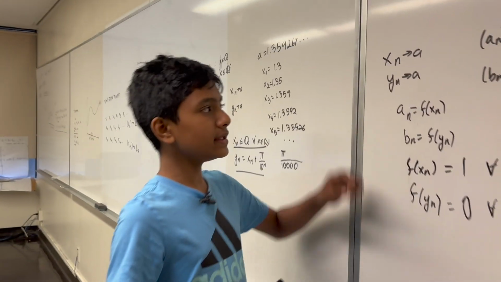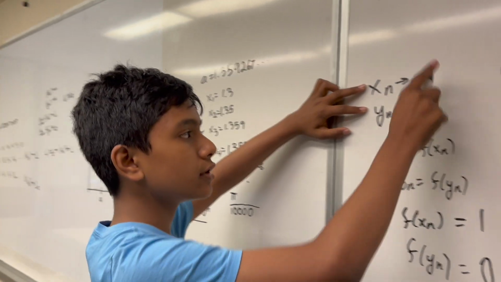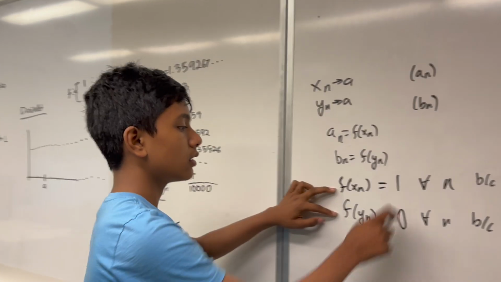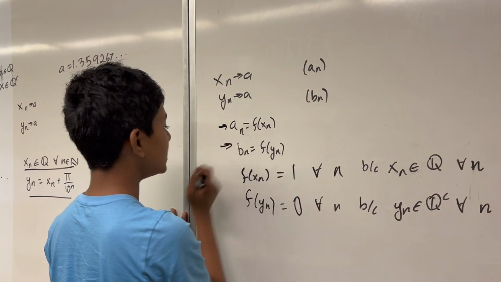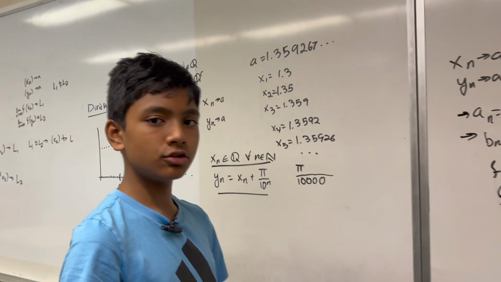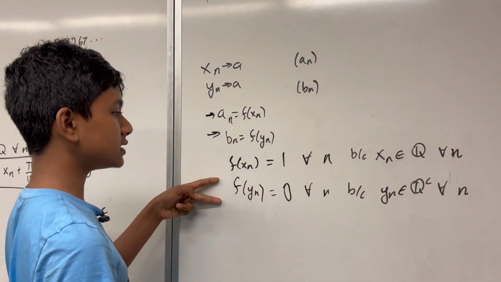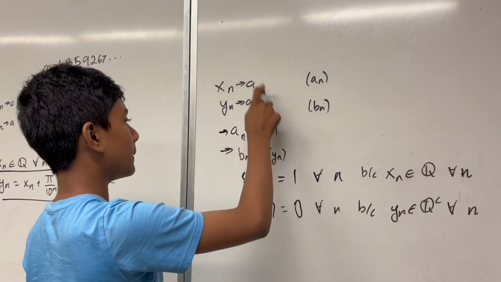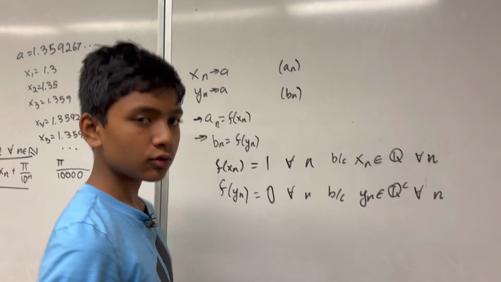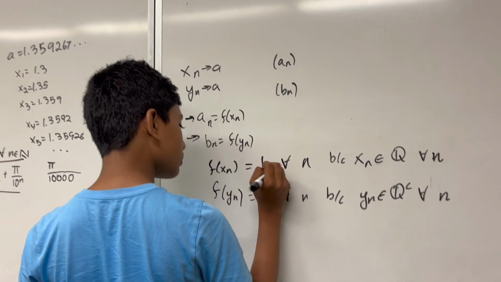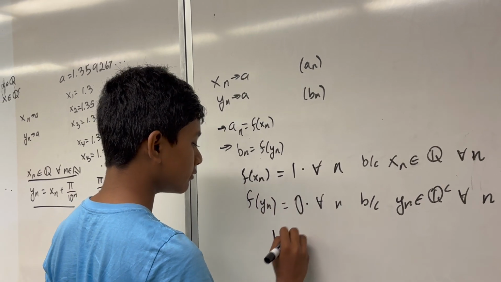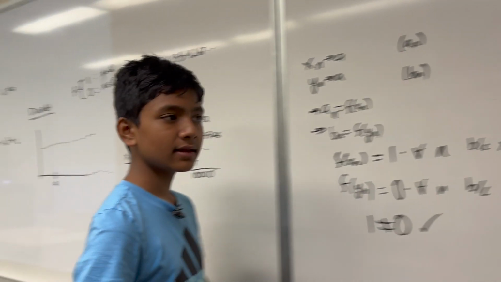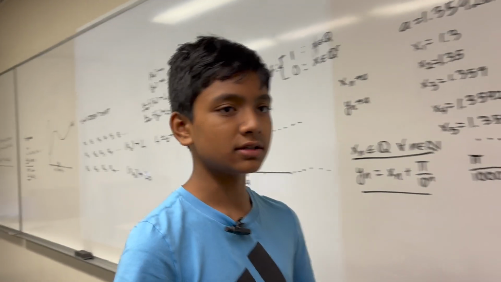So that means that even though these two converge to the same limit, the functional limit doesn't exist because the limits of these two sequences within the function are different. So they both approach A, no matter what A is, but one will approach 1 and the other will approach 0. Since 1 is not equal to 0, that means that the limit of the Dirichlet function doesn't exist.